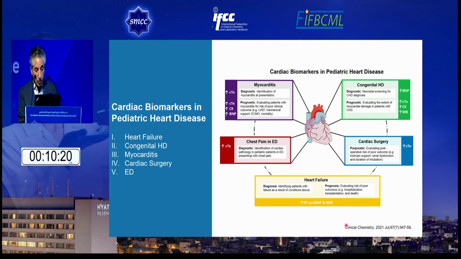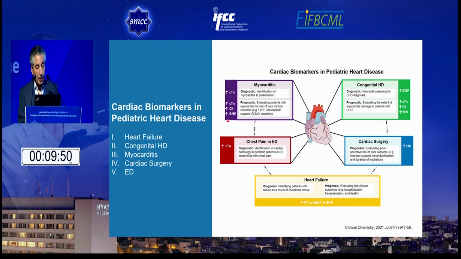This is part of our review article in Clinical Chemistry, and I want to just highlight some of the key areas that we described where cardiac troponin and NT-ProBNP particularly can be used, and are actually more and more used. Our own children's hospital is now heavily using some of these markers. We didn't used to offer these tests. We used to send them out to another hospital, but now we're performing both because the test volume is going up.